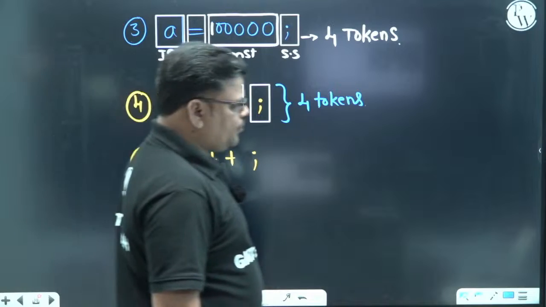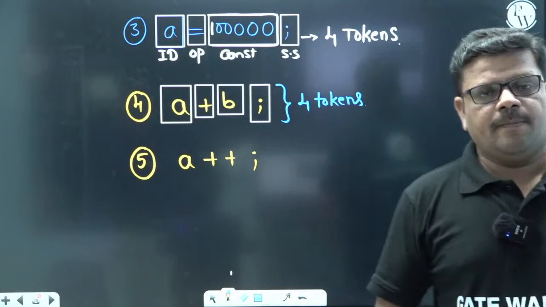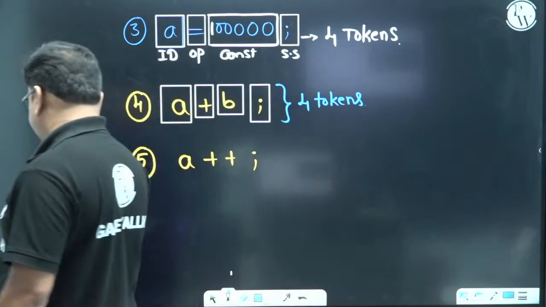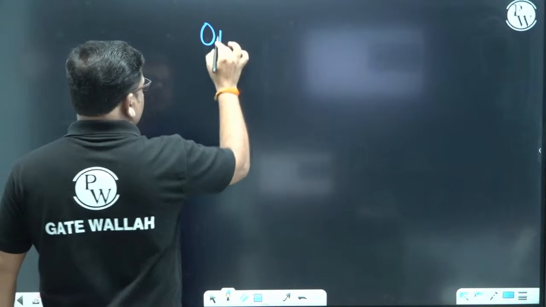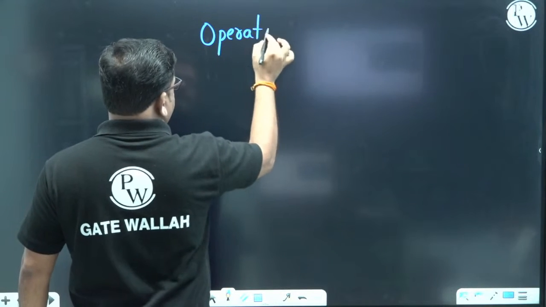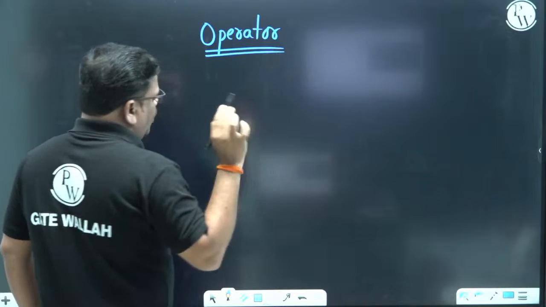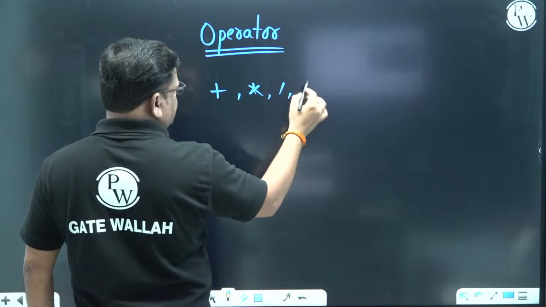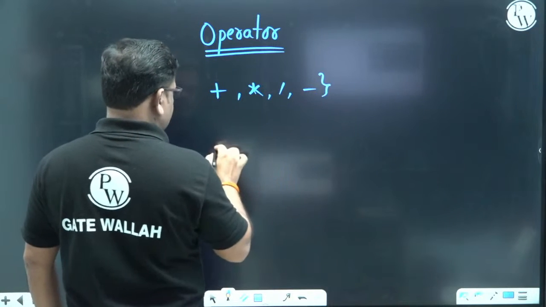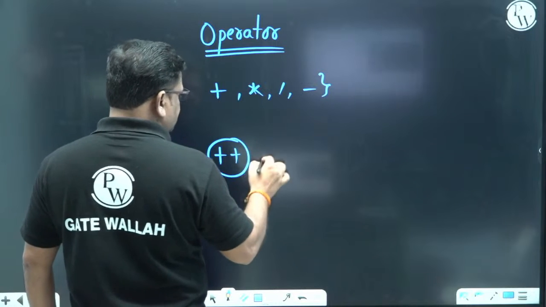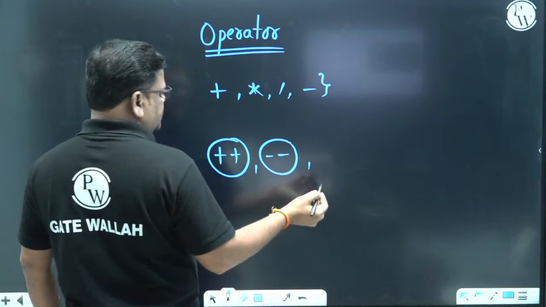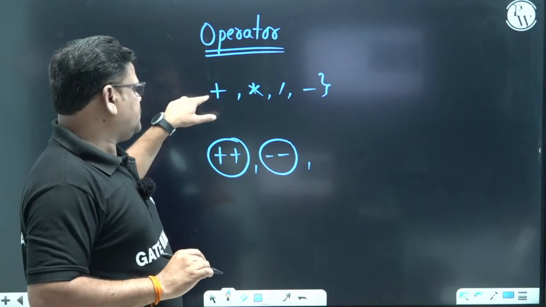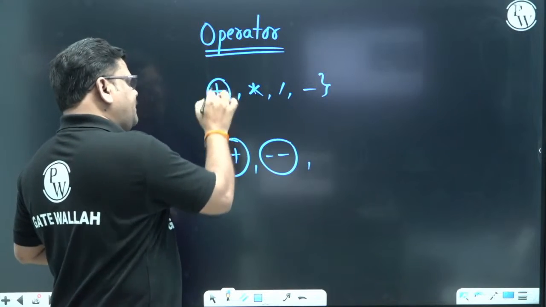Whenever we are discussing the token operator, operators are like this. We have these arithmetic operators here, and these are also operators, the increment and decrement operators. Whenever we have plus, this is one token, and plus plus is also one token.